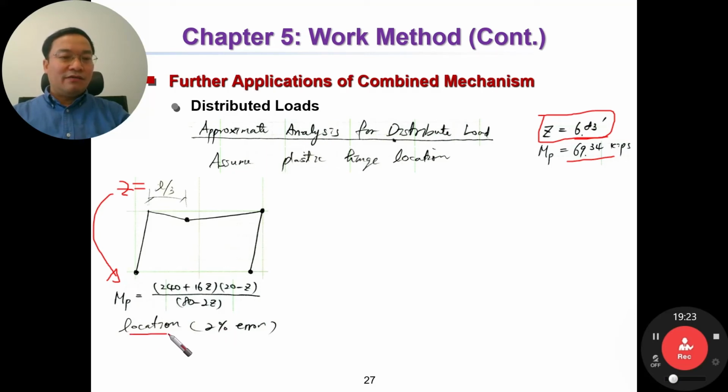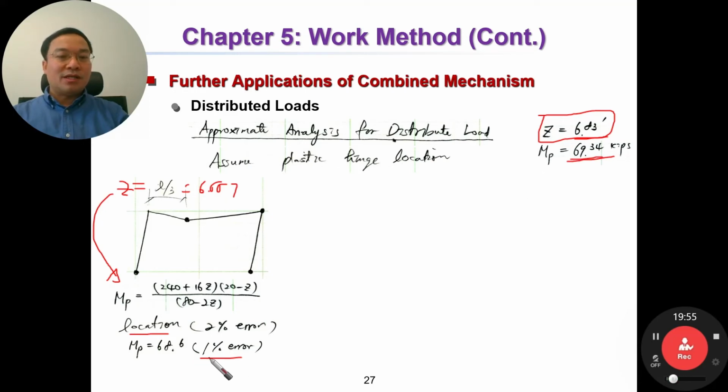Very small, because here is 6.83 and this is 6.667, so the error is about 2%. Then substitute z into this equation, and we have MP equal to 68.6. The error is about 1% compared to the exact solution.